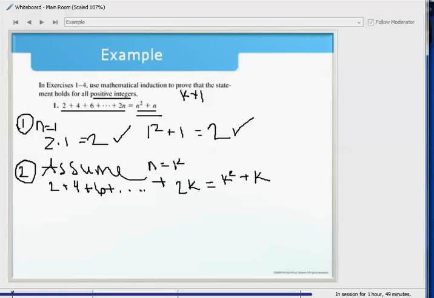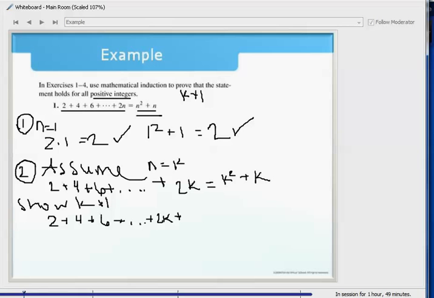Now we want to show it's true for the k plus 1 term, which means that we want to show that it's true if we add one term. On the left-hand side, I'm going to show how I'm going to do this by using two different colors. We have 2 plus 4 plus 6 plus ... plus 2k, so that was our original. Now we have to add the k plus 1 term.